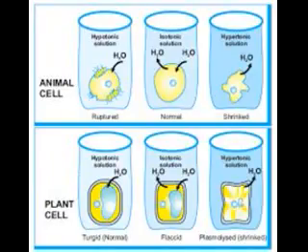Hypertonic solution. In case the solution has fewer water molecules than the cell, it is said to be a hypertonic solution, or a solution that has more solutes and less water in comparison with the cell. For example, if an animal cell is placed in a hypertonic solution, it loses water by osmosis and shrinks.